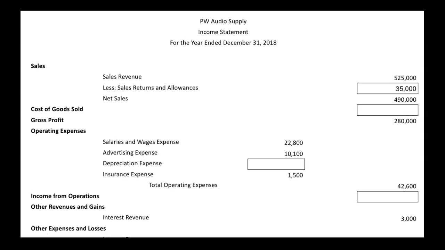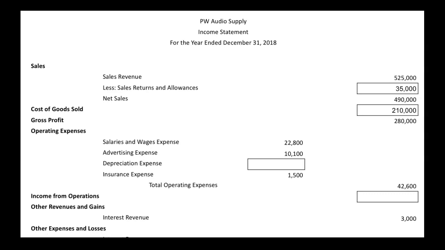So it's going to be set up just like we did with our sales returns and allowances last time. We take our 490 minus X, our unknown, our cost of goods sold, equals 280,000. So if we solve for X, we will find that our cost of goods sold is 210,000.